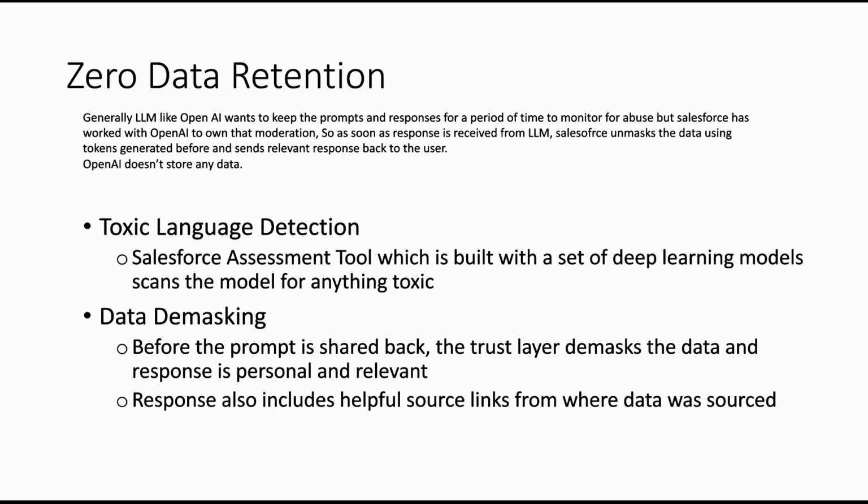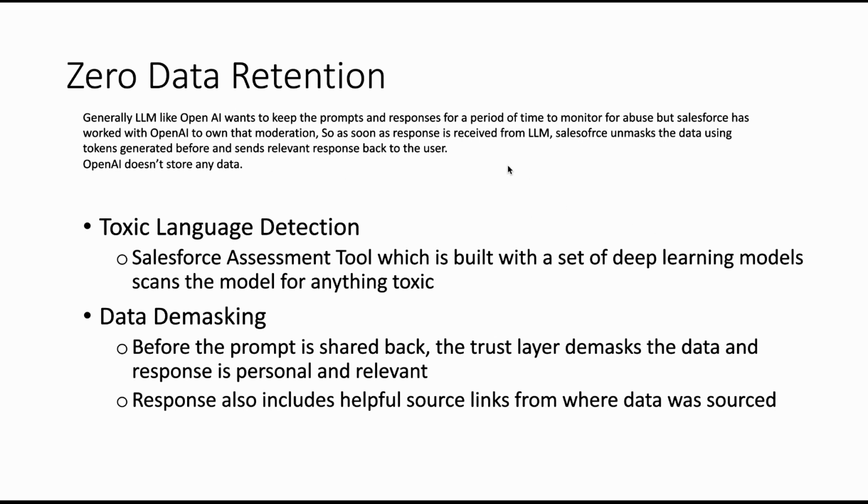So usually OpenAI wants to keep all the prompts and responses for a period of time. But Salesforce has worked out an agreement with OpenAI to own that moderation. Salesforce is saying, you just worry about doing the LLM things and giving me the response. Let Salesforce worry about the handling of the toxic language detection and other things that OpenAI would otherwise do.